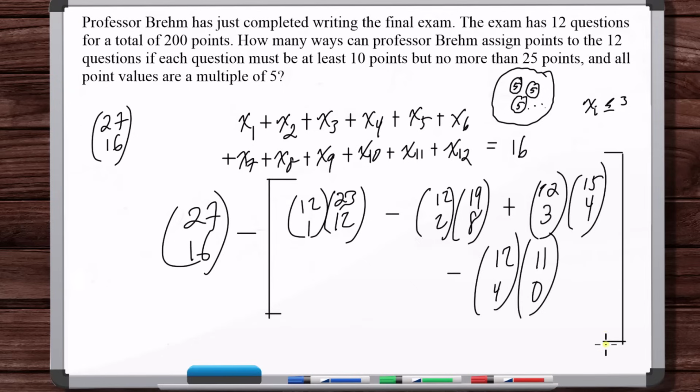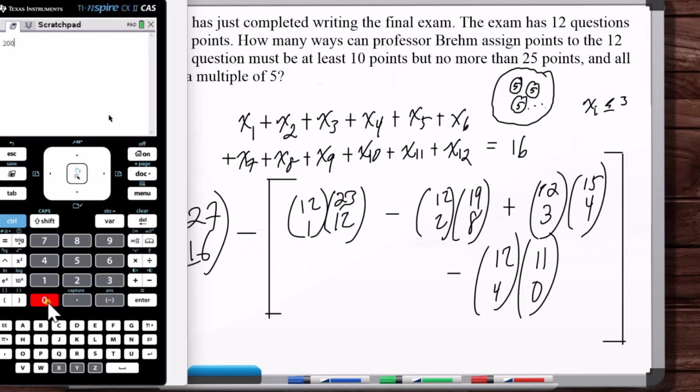And that's the answer to the main question here. If I stop talking about tokens, this is the total number of ways the professor can distribute. So it would be 200 minus 120.